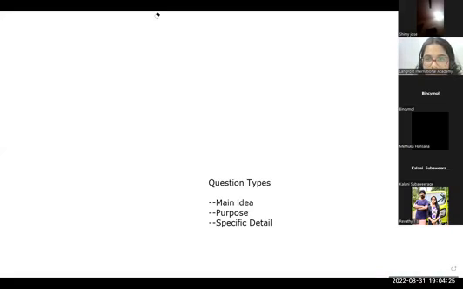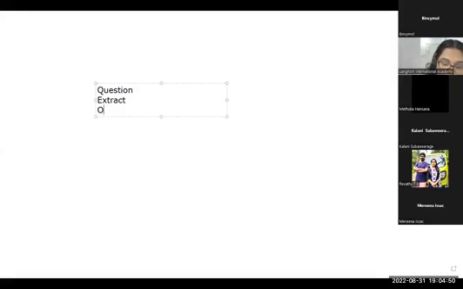Many of them start with the question, then they move on to the extract or the text, then they look at the options.